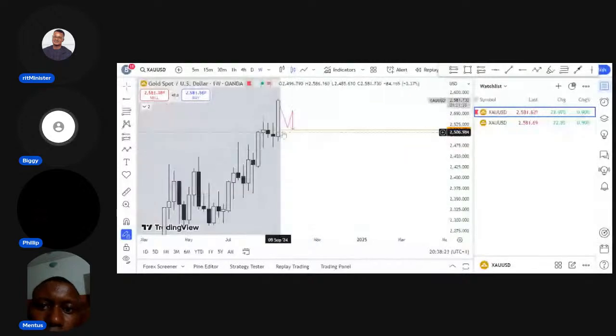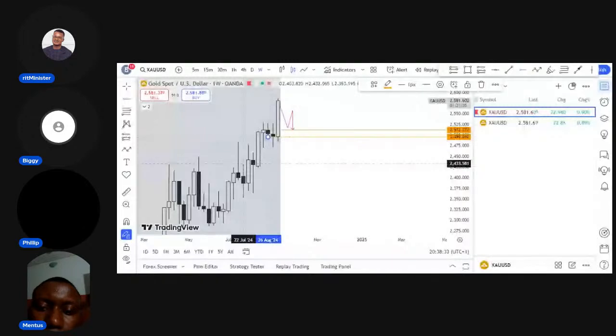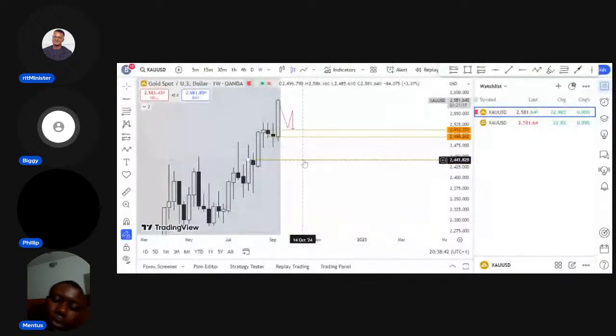This point here is our recent zone on the weekly time frame. And then the frequent zone, we can now mark, for example, somewhere here, this level, or this continuation candle. So this zone, and this zone.